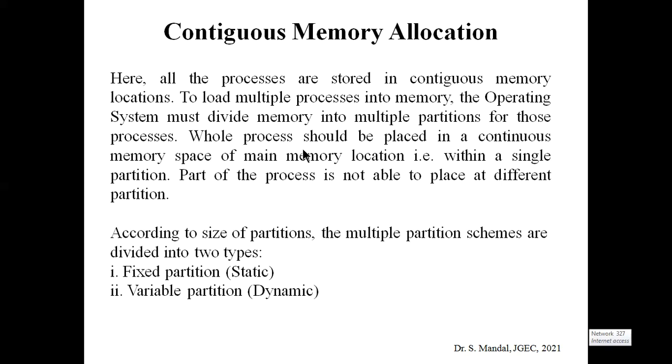So we need to allocate 4 kilobyte memory into a single partition. We cannot divide it in case of contiguous memory allocation. Part of the process is not able to be placed at a different partition. So that is the main rule for contiguous memory allocation.